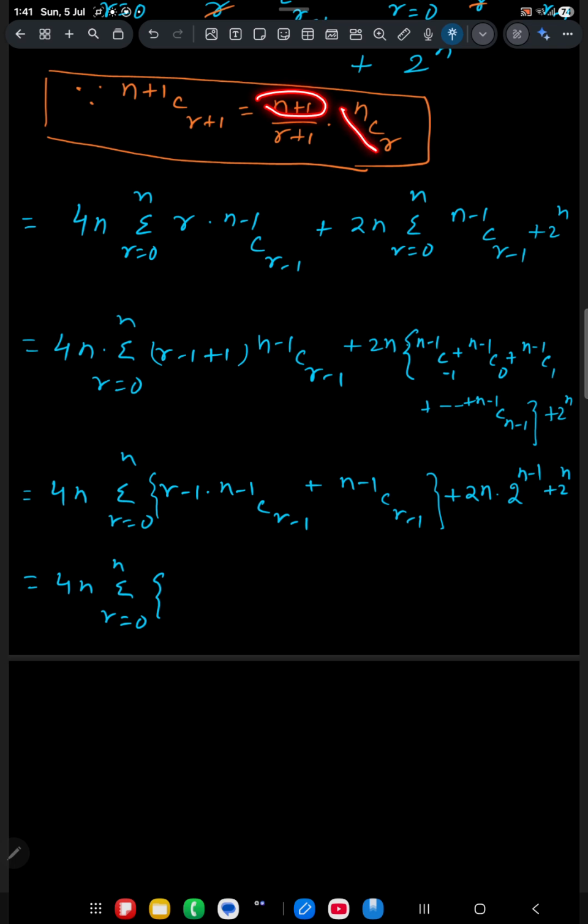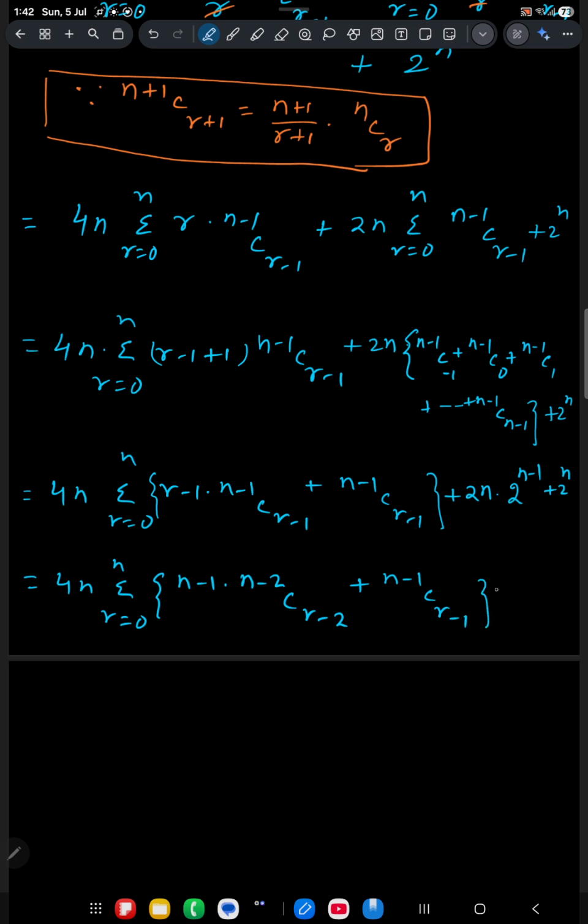So this is reduced and this will remain the same, and this n-1 will come here: (n-1) into (n-2)C(r-2), that we will write. So what will you write? (n-1) into (n-2)C(r-2). And here what will we write? (n-1)C(r-1).